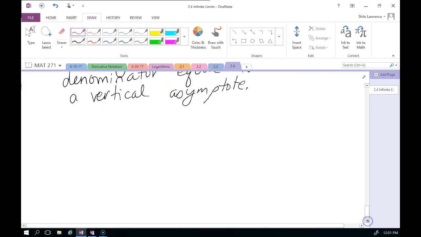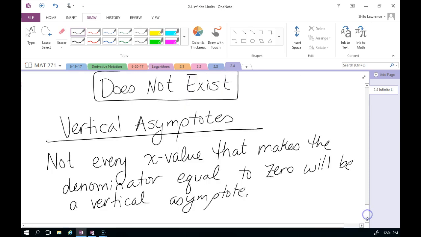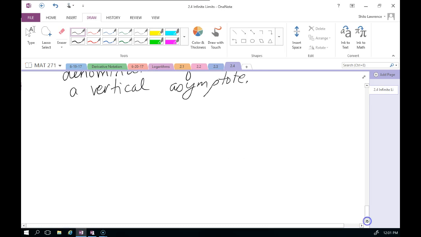So when we got indeterminate form, we had to do some algebra fixing. But all of those problems were presented to you as limit problems. So if you were given a problem that just asked you to find vertical asymptotes, the very first thing you would want to do is simplify that function as much as possible, because that's what we did when we got indeterminate form.